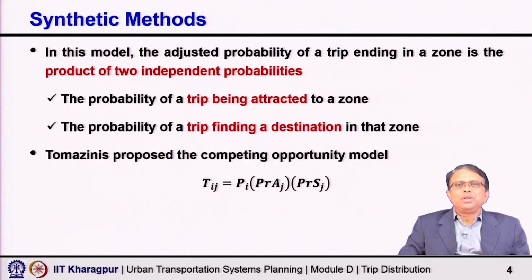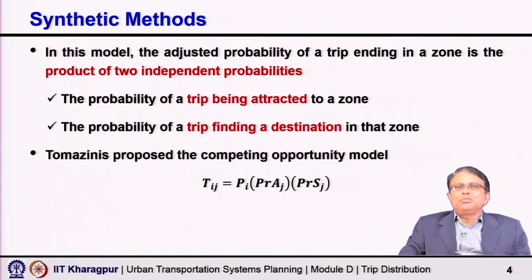We can call it PRAJ. The second is the probability of a trip finding a destination in that zone. Two things are different: the probability of a trip being attracted to a zone, and the probability of a trip finding a destination in that zone.